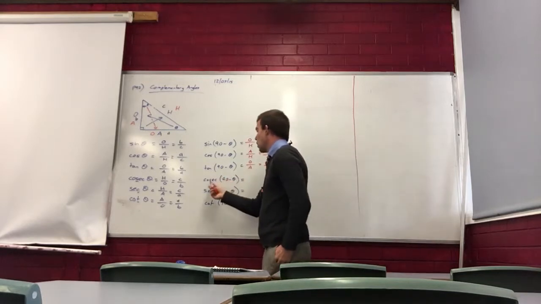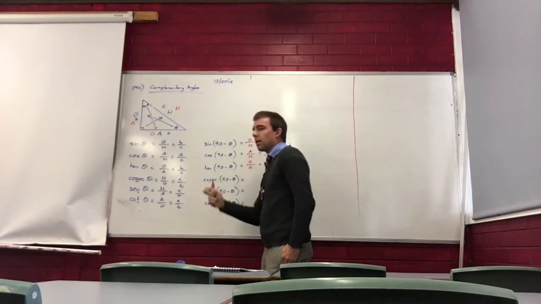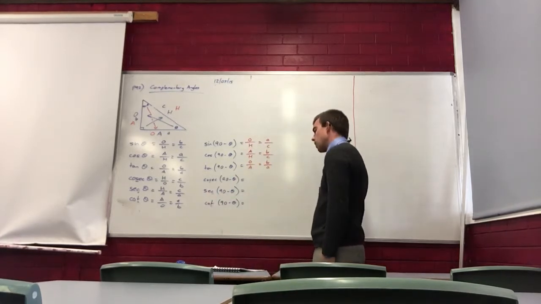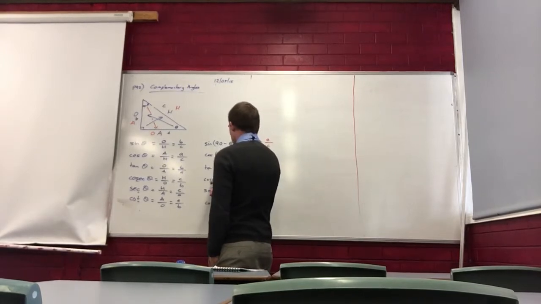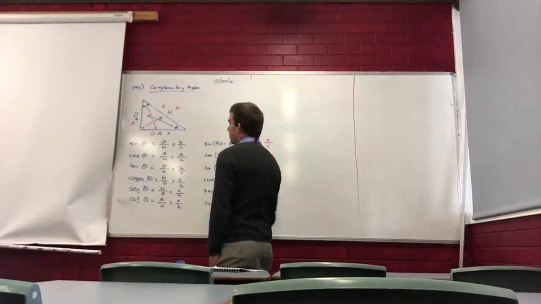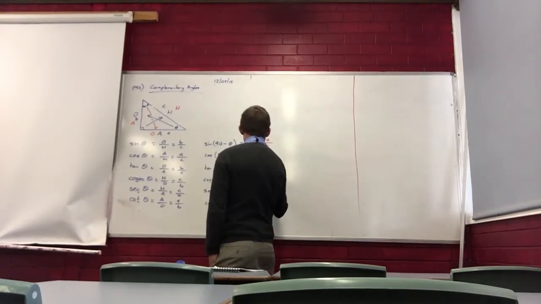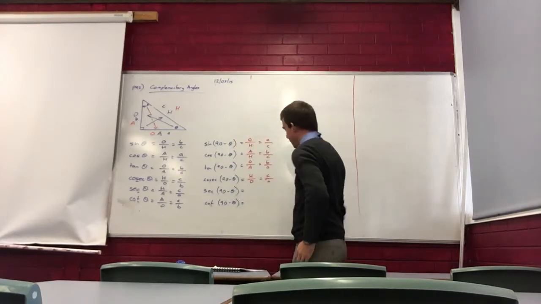Remembering our reciprocals, you take the third letter, and that will tell you what you need to take the reciprocal of. So cosec, which is the reciprocal of sine, gives hypotenuse over opposite, which is C over A, because we're flipping these two fractions over.